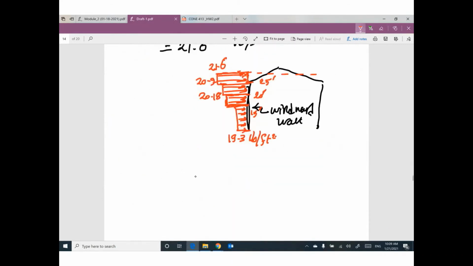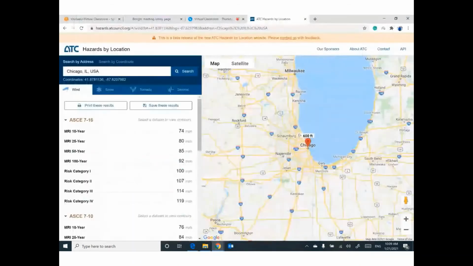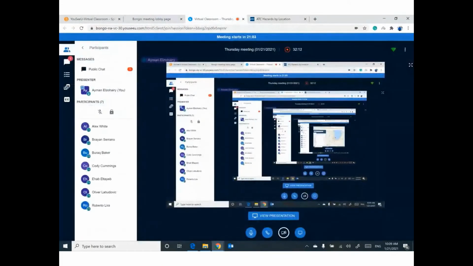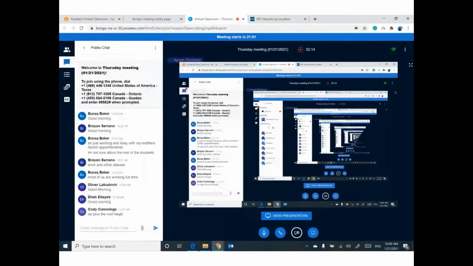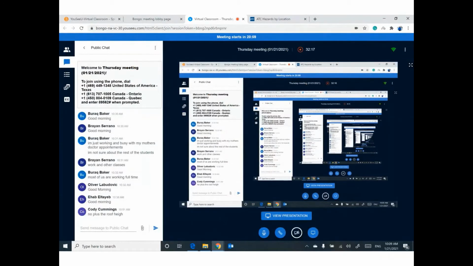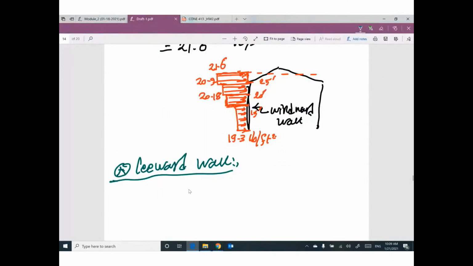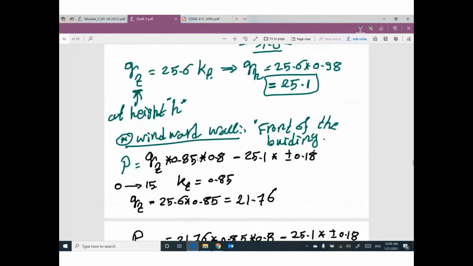The second one, the leeward wall of the building. Cody, this point is very important for the roof height. I will not consider the total roof height.